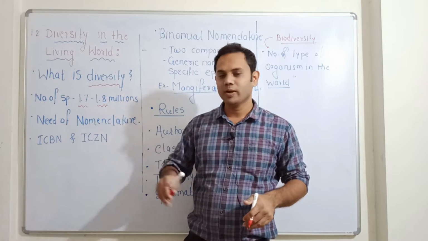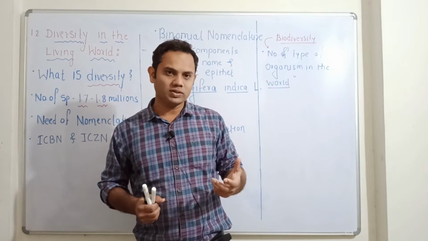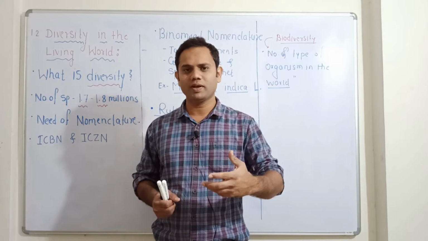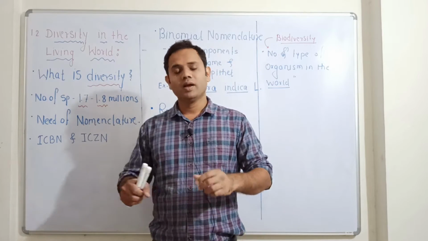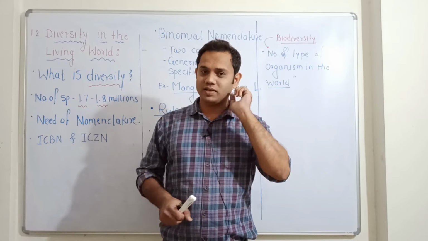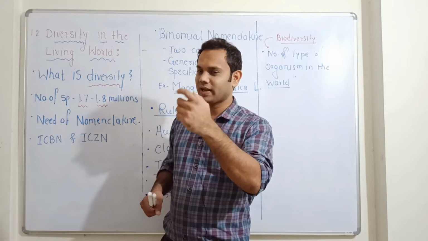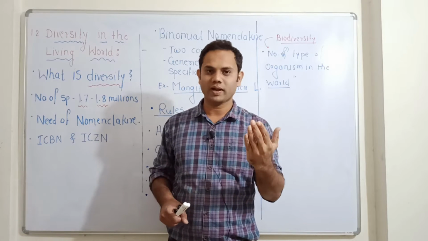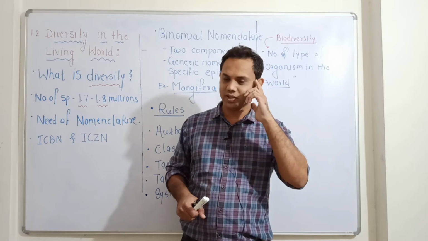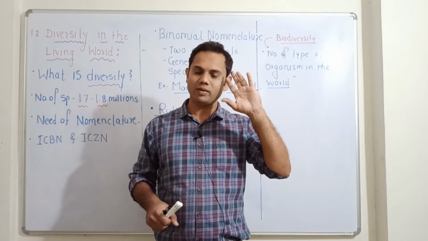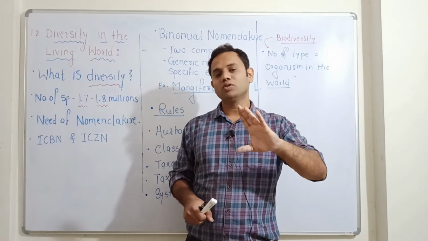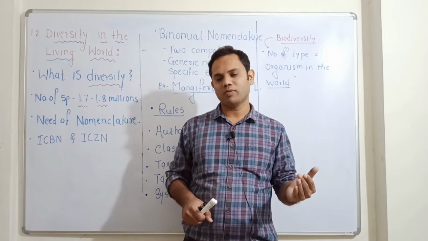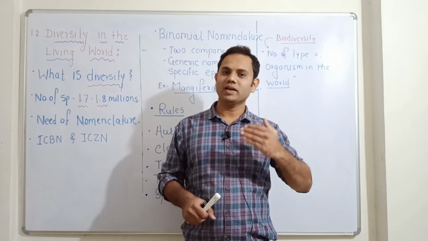Now we know that there is a tremendous diversity of living organisms in this world, and we know each and every organism by its name. Say for example, cat or dog. When we think of a cat, only the picture of a cat comes to our mind. If we think of a dog, we are able to visualize only the dog. So cat, dog, and other organisms have a particular name.